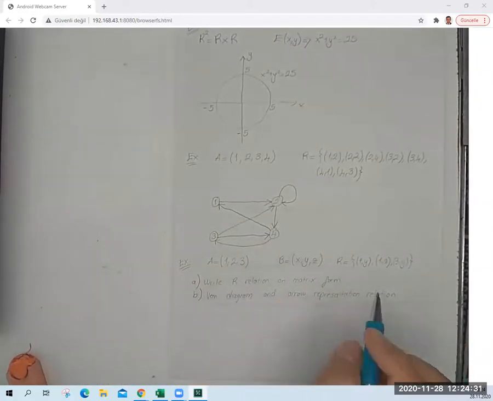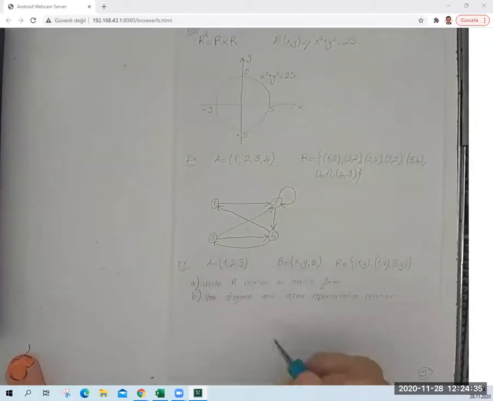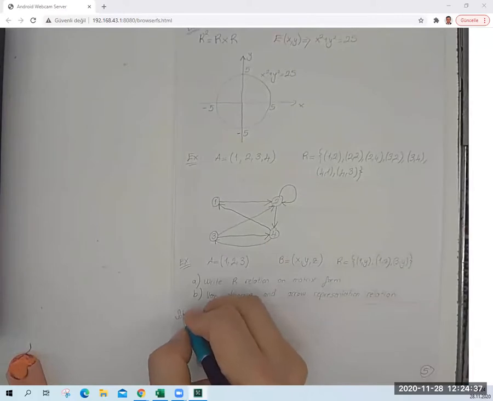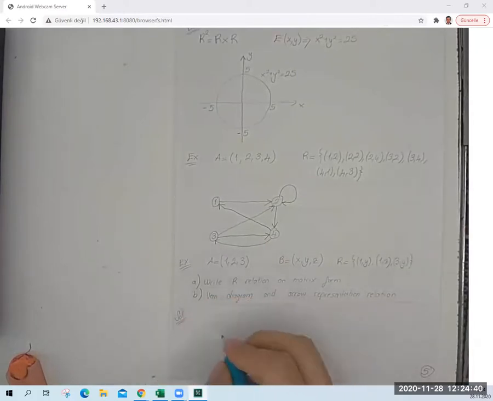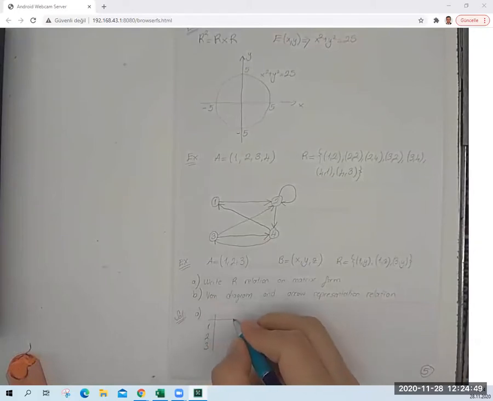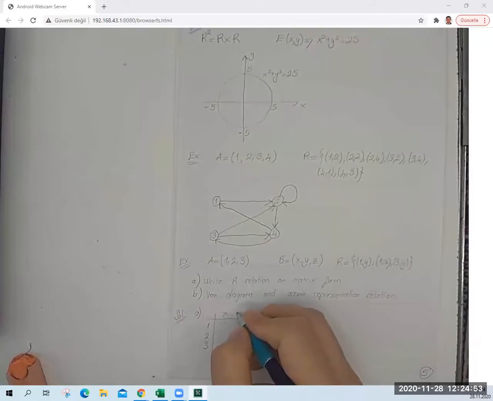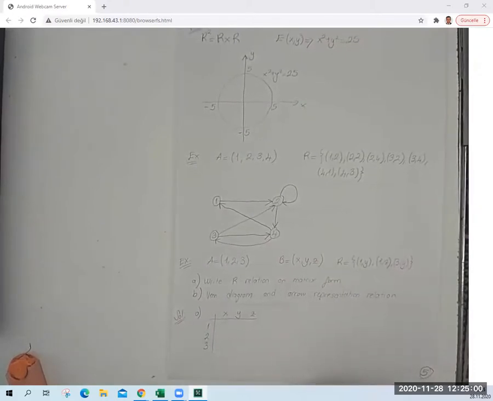I can use rows as the members of A, like 1, 2, and 3, as case A, matrix form. Let's say we have here as B members X, Y, and Z. So rows are my domain, right?